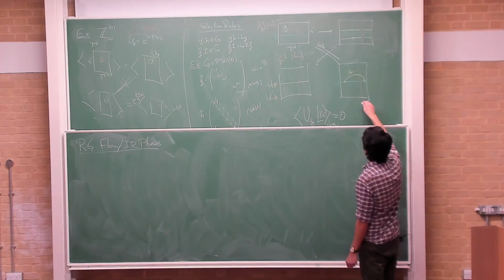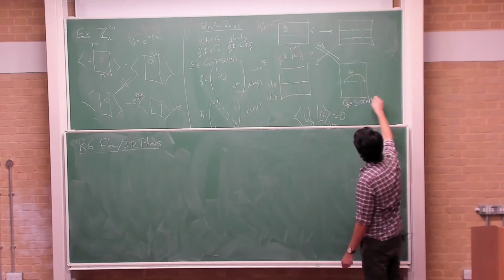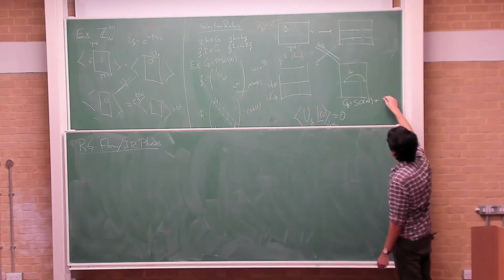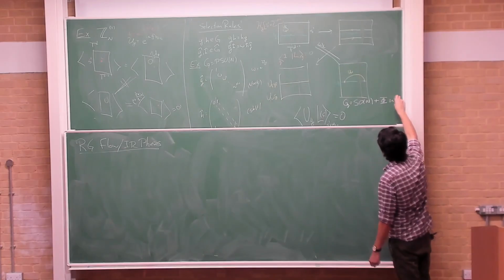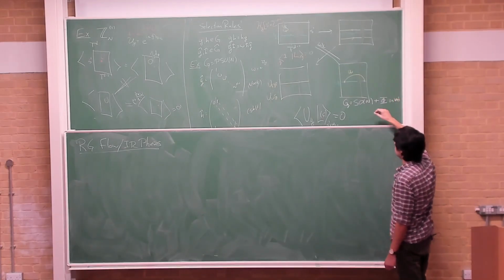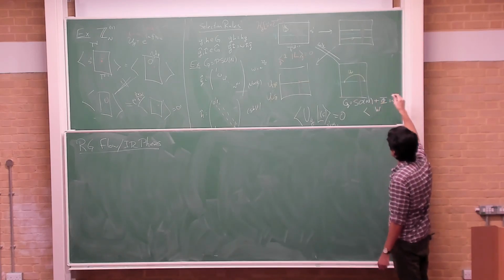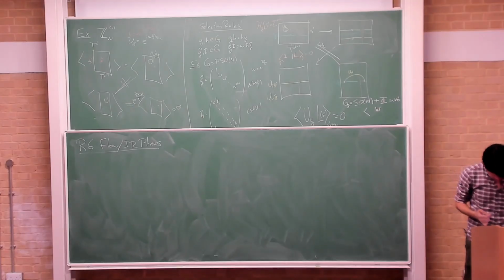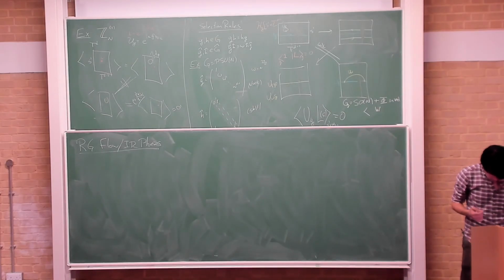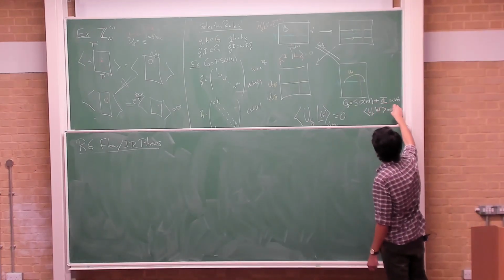If you take an SO(N) gauge theory plus, for example, scalar matter in the vector representation, you can show that the expectation value of the Wilson lines with a particular SO(N) element vanishes.